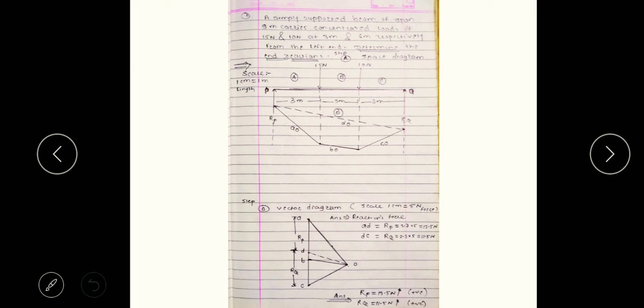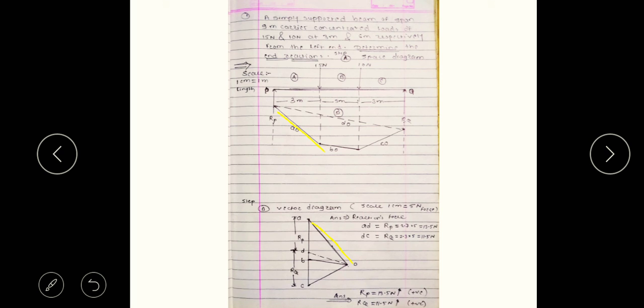Take this OA line, take the parallel component to the OA line, and A is related to section 1 according to the Bow's notation. So draw the AO line parallel into the section A. So this will be the line into the section A.